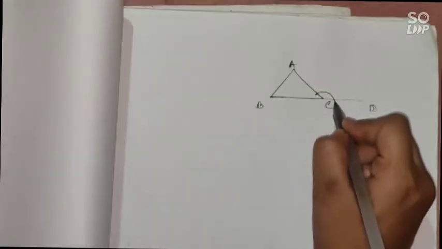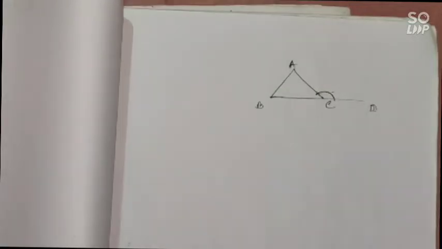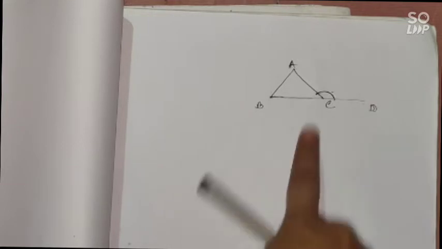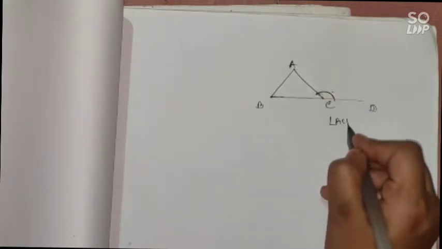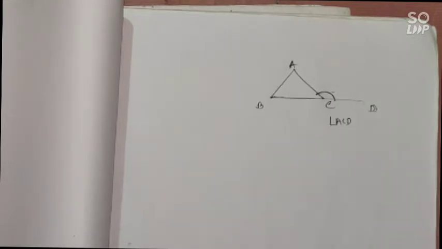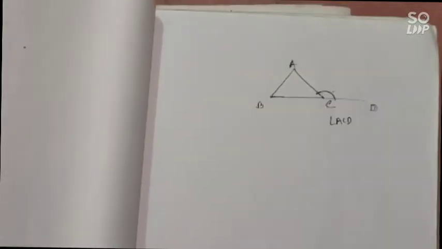This angle is created. So this is called the exterior angle, angle ACD. If we produce any side of the triangle, the angle created is called the exterior angle of that triangle.